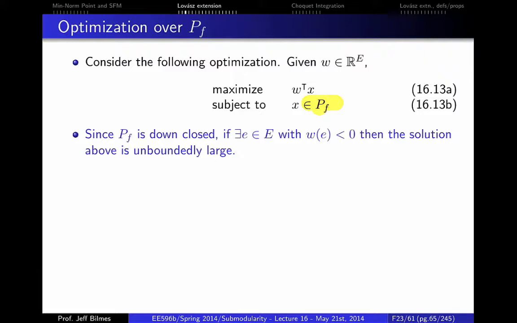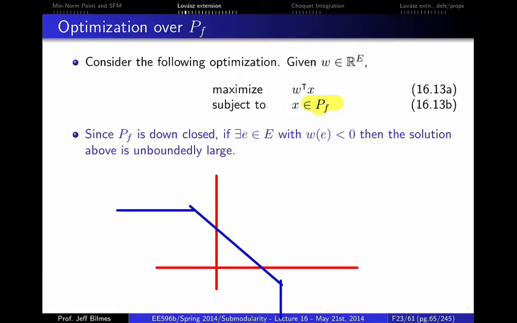If we take the axes to look like this, and the polytope looks like this, then if any of the w's are negative, we can get an unboundedly big solution by setting x to negative infinity, because we can keep going in that direction and get a bigger and bigger valuation of w times x while still being in the polyhedron.